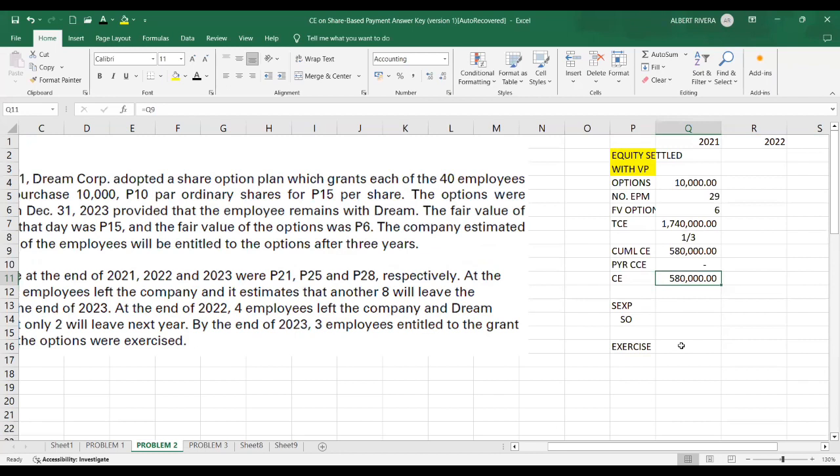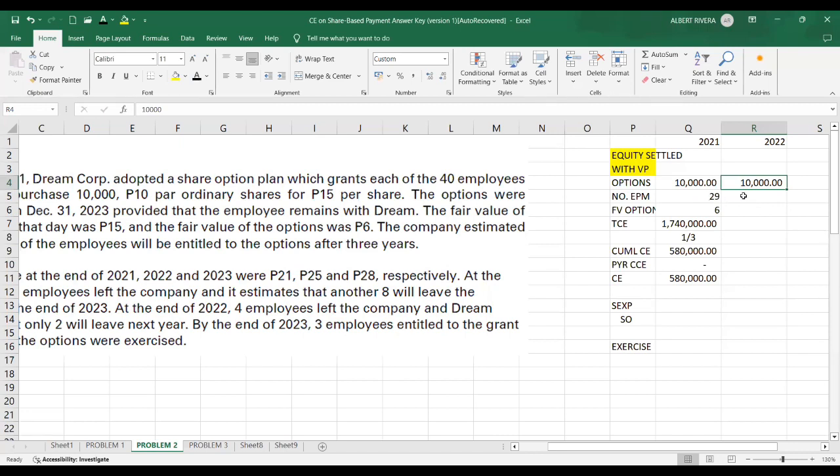Okay? So the entry for this: debit salaries expense, or compensation expense, or remuneration cost or expense, 580,000. Credit share options of 580,000. Okay? Let's go to 2022. In 2022, the provision is still 10,000 options. But how many employees?